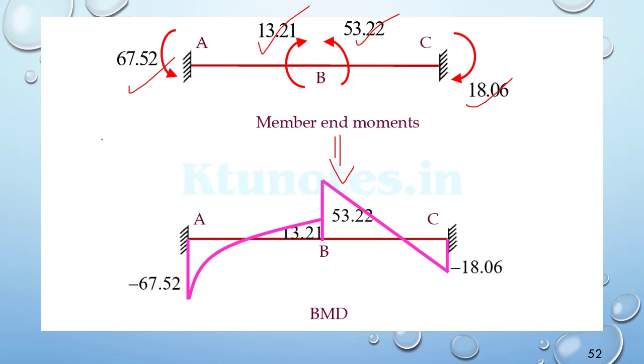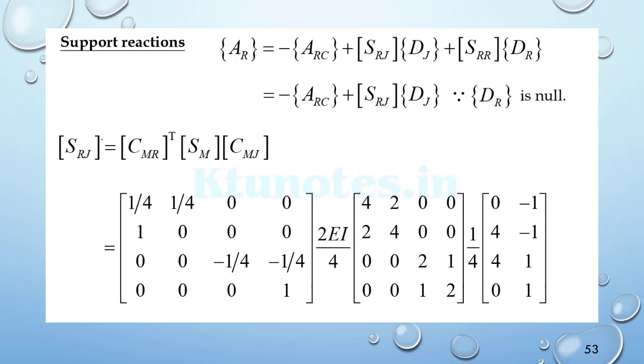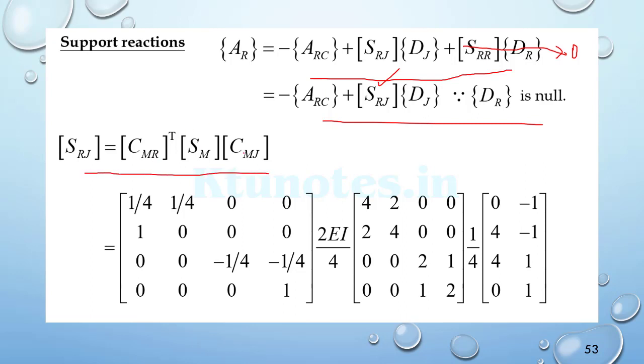That gives you the BMD. And also the support reaction Ar is equal to minus Arc plus Srj into Dj plus Srr into Dr. We know Dr is a null matrix, so this will be equal to 0. And Srj is equal to Cmr transpose into Sm into Cmj.